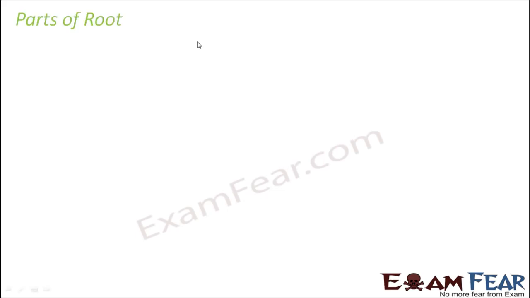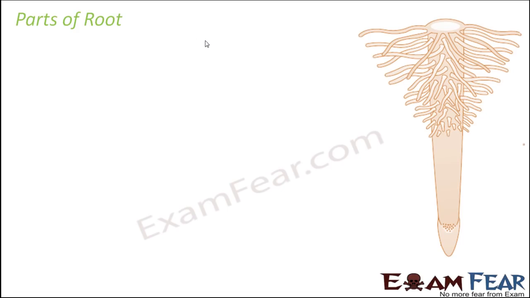Let us now talk about the different parts of a root. When we closely examine a root, we see that there are different portions into which a root can be divided. So here in this picture, you can have a close look at how a root looks when you observe it very closely.